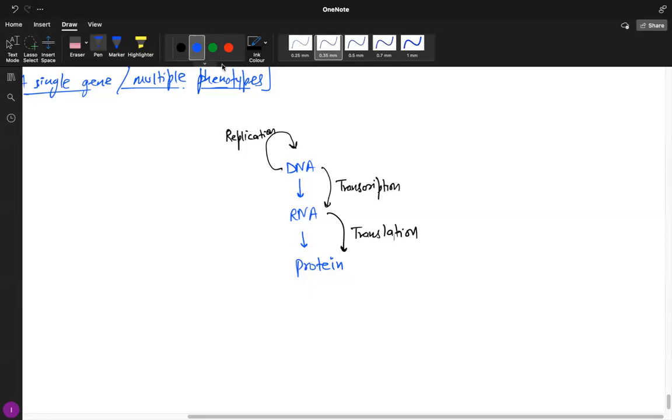For this translation to happen inside the cells, you must have made this figure also in your exams. So there is a bigger subunit of ribosome and there is a smaller subunit of ribosome. And in between the both goes your mRNA, right?